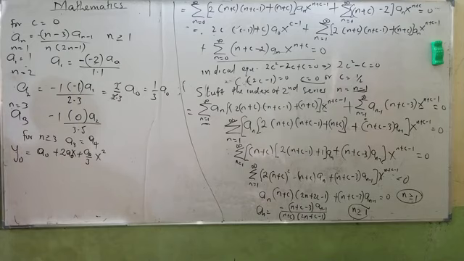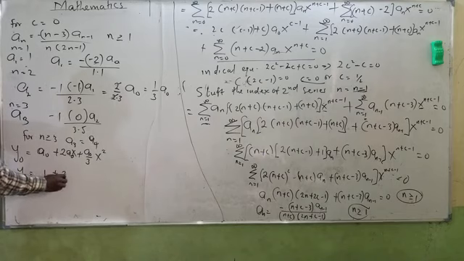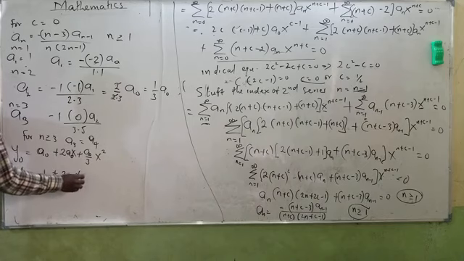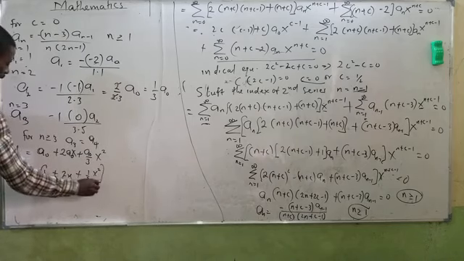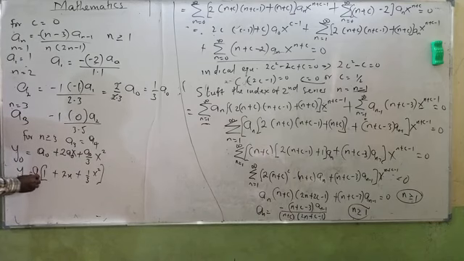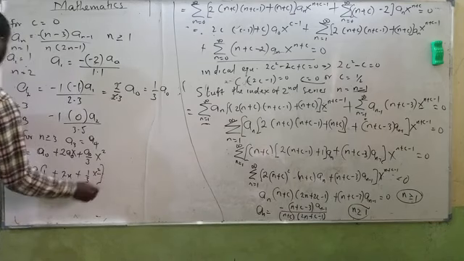Now y naught equals what? Equals 1 plus 2x plus 1 all over 3 s squared. Everything into bracket of what? a naught into counter. I think this is a counter.